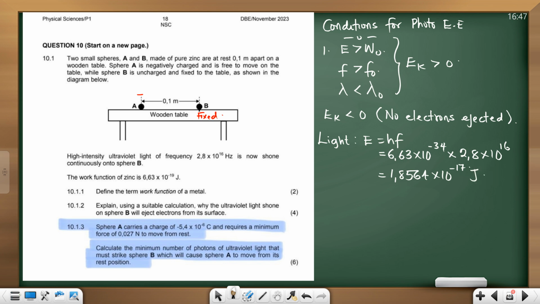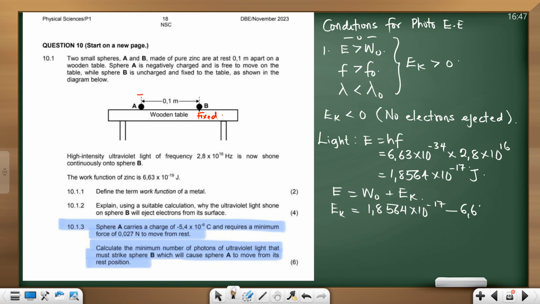So, like I say, if you are not sure, look at what I'm going to do. E equals work function plus kinetic energy. You are not sure of the values, do this: EK therefore will be E minus work function.